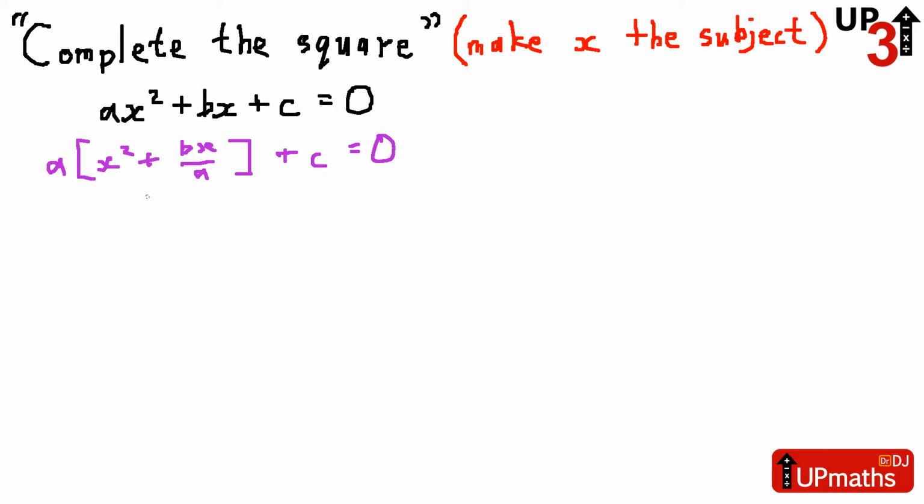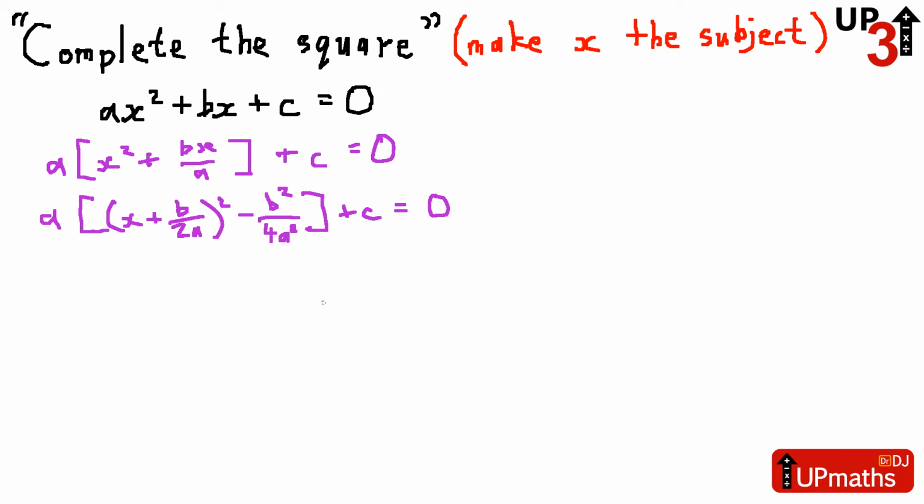And everything else I'm just keep rewriting around it. So that would be x plus b over 2a squared minus b squared over 4a squared. I'm going to just try and save a bit of time here. I'm going to divide everything by a, so that a ends up there.